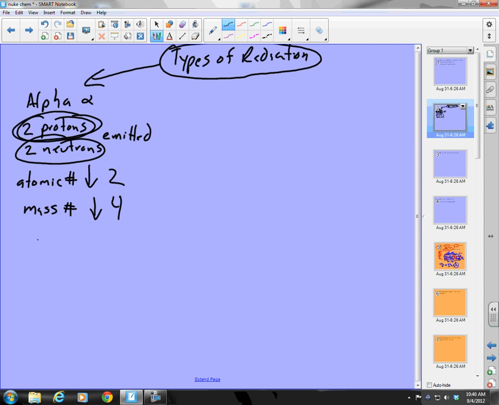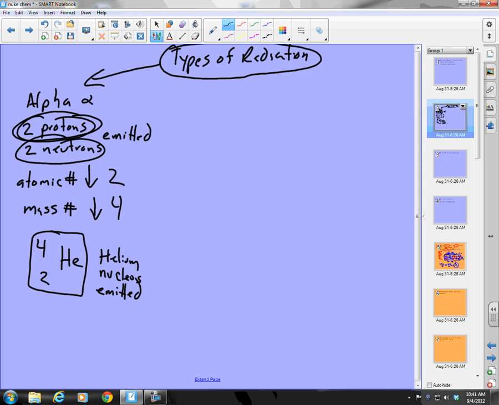Well, we have mass number 4 and atomic number 2, and that's He, so what we say in alpha radiation is that a helium nucleus has been emitted. That's what happens during alpha radiation.